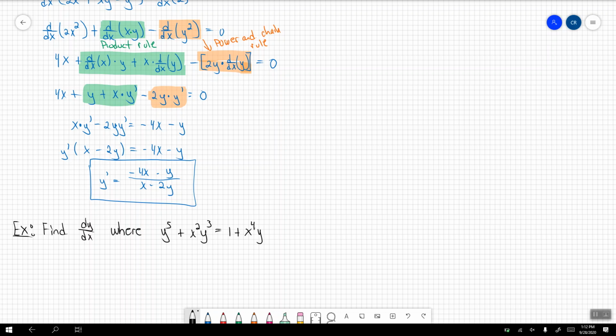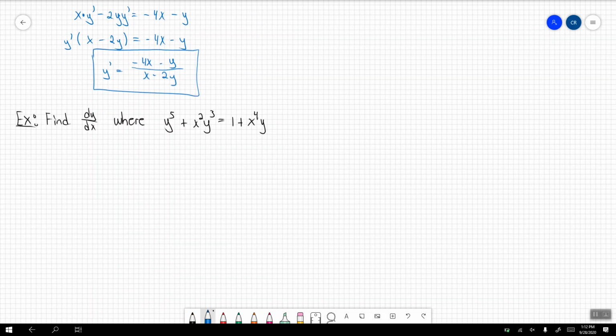All right, so let's take this derivative. Again, I'm using the notation to write out the derivative with respect to x. When we apply the derivative, we must apply it onto both sides of the given equation.